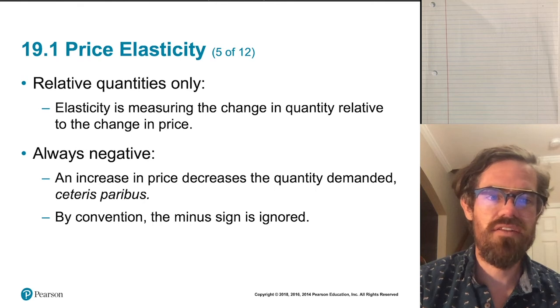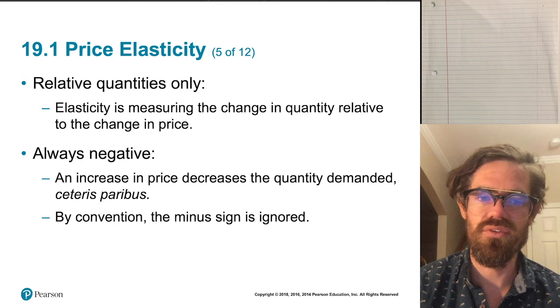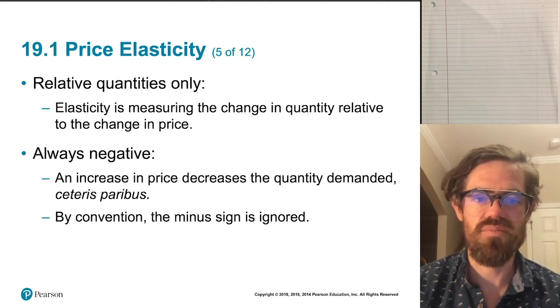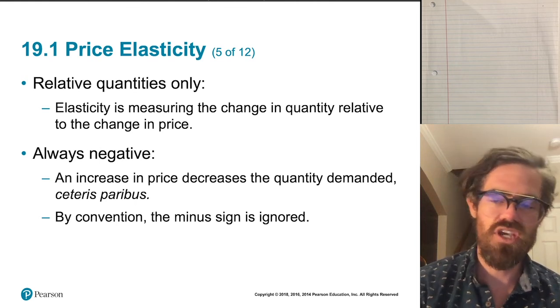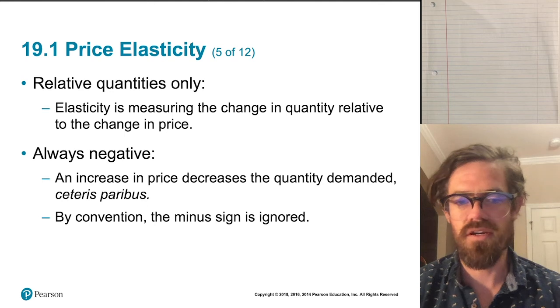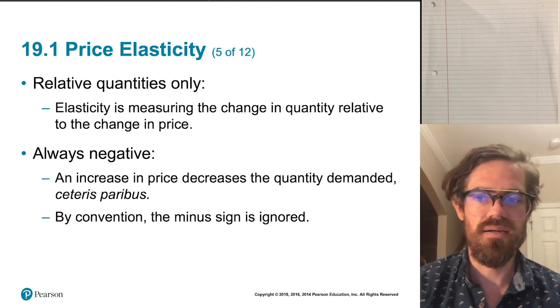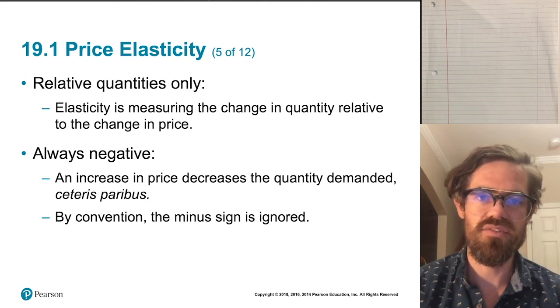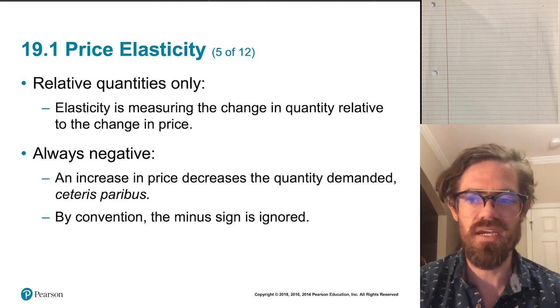Now, it's important to know here that elasticities tell us about relative quantities only. It's measuring the change in quantity relative to a change in price. So this is a relative measure. It's comparing change in price to change in quantity demanded as percentage changes. And something else you should know is that the price elasticity of demand is always negative. And this is because of the law of demand, right?